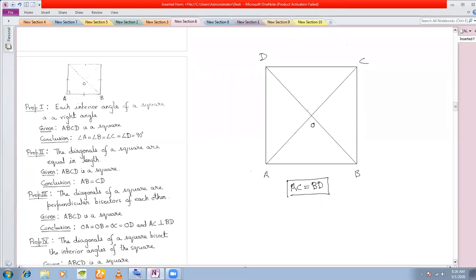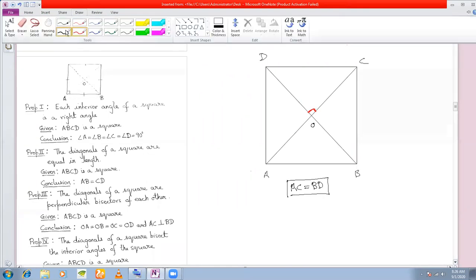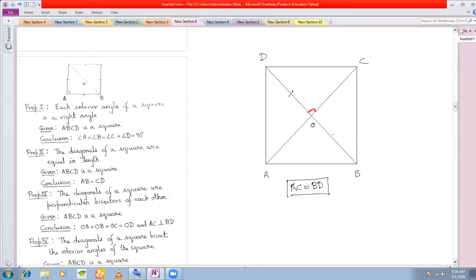That means this angle will be 90 degrees in the case of a square. Not only that, but all these will be equal. This will be equal to this because the diagonals bisect each other, and these two will also be equal.